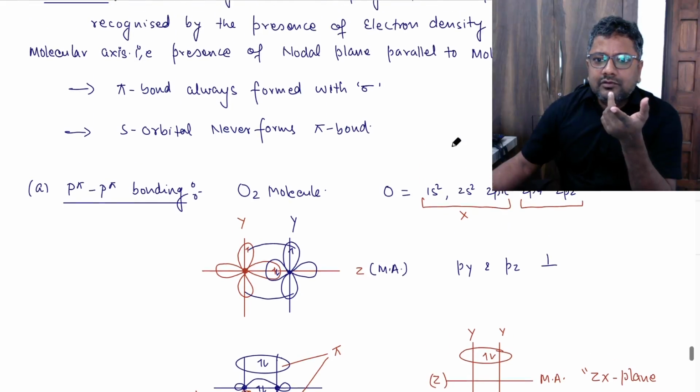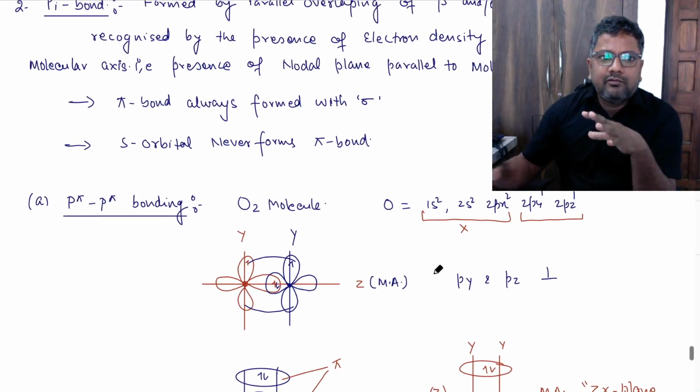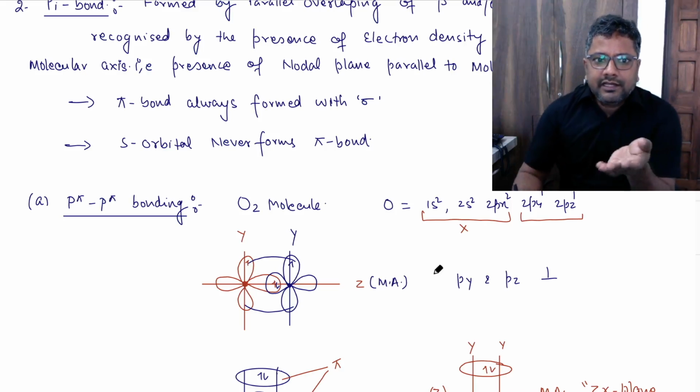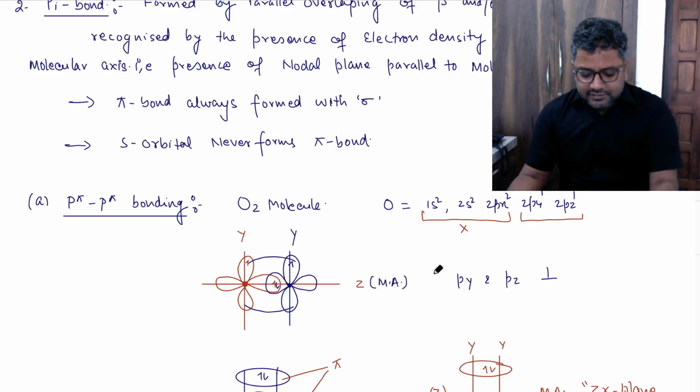So if you consider this model of bonding, what we have already gone through, this theory cannot explain the paramagnetic nature of the oxygen molecule, because at every point here it is stated that orbitals will overlap and electrons become paired.